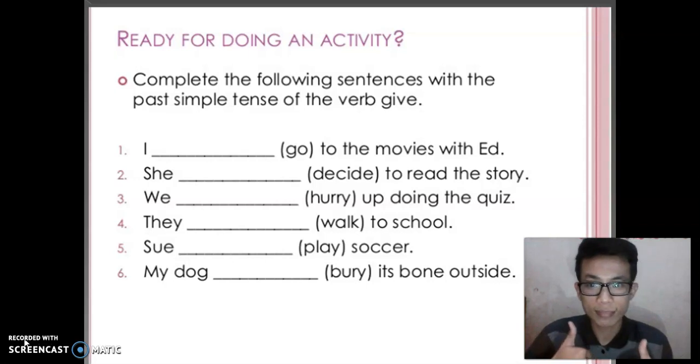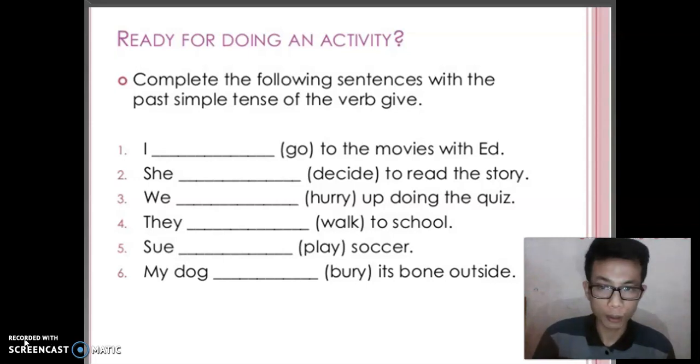Okay, number 4: they blank walk to school. Walk, is it regular or irregular verb? 1, 2, 3. Yes, of course, walk is a kind of regular verb, so here we just add ed to the word. So the complete sentence: they walked to school.